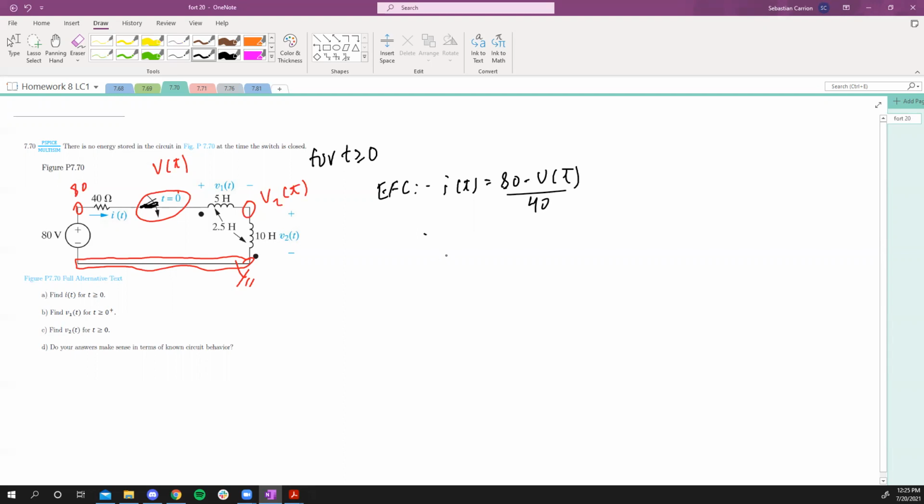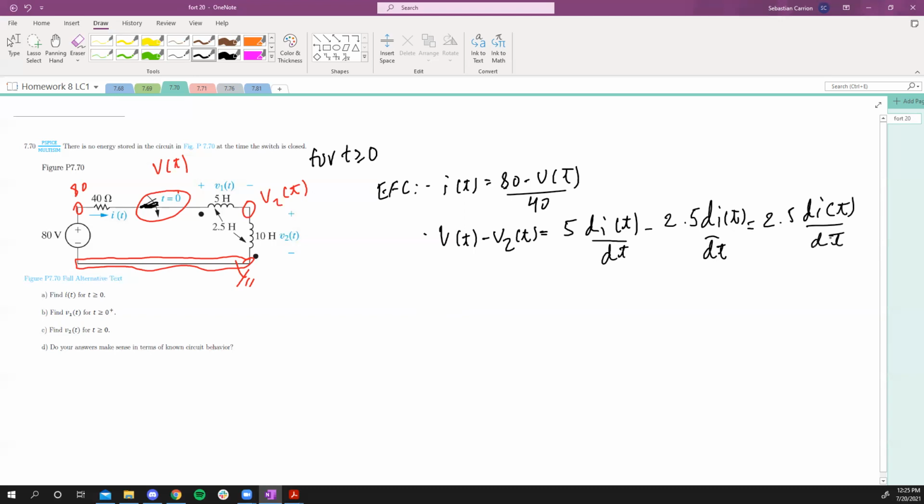Another equation would be v(t) minus v2(t) equals 5 di(t)/dt minus 2.5 di(t)/dt, which we can just say is 2.5 di(t)/dt.